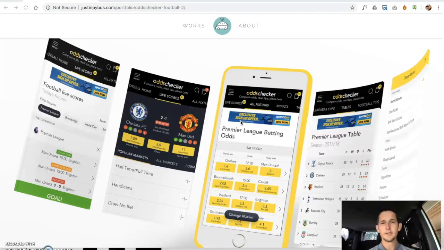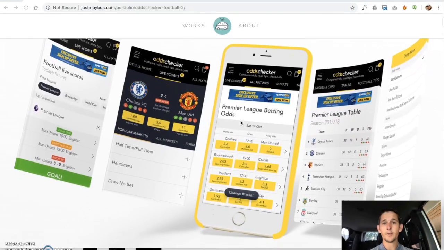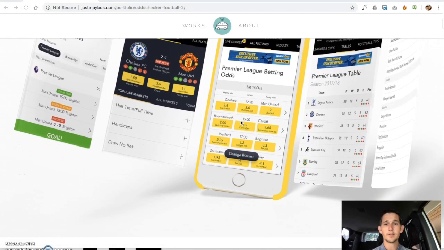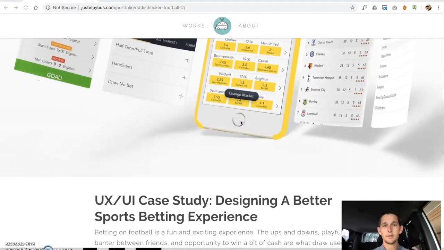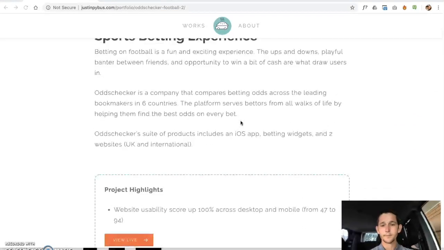It had an interface that was kind of dated. There were inconsistencies across it, so people didn't know what to expect when they clicked different elements because they behaved inconsistently. A button might do one thing on one page, but it might behave as a drop down on another. There were quite a few different things that were wrong with it, and so this website redesign was initiated really to fix all of those.